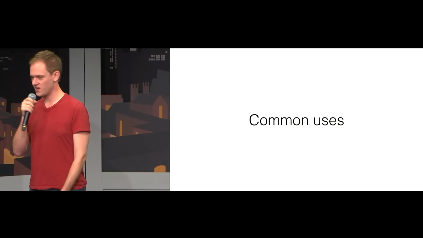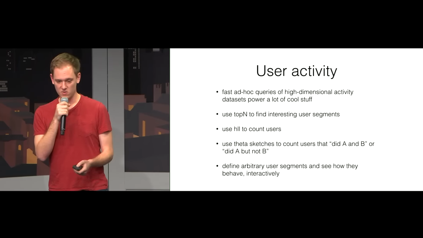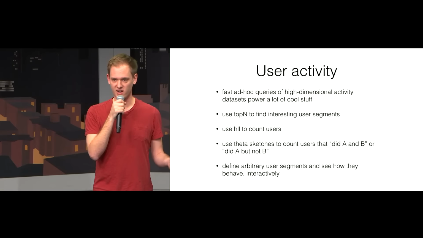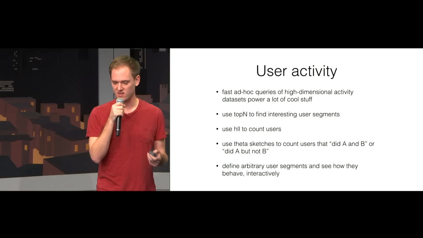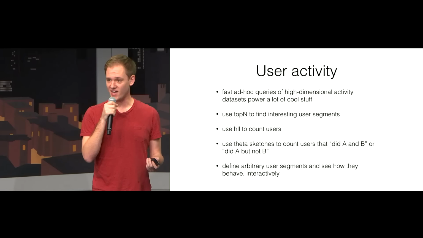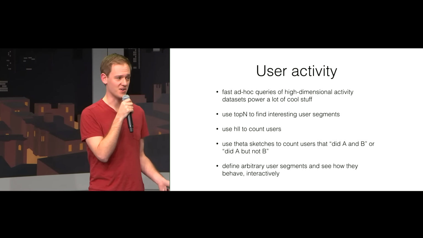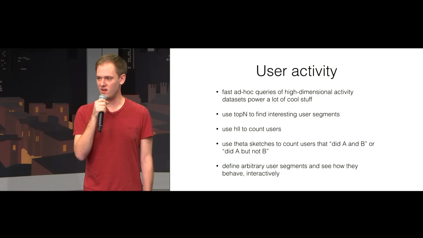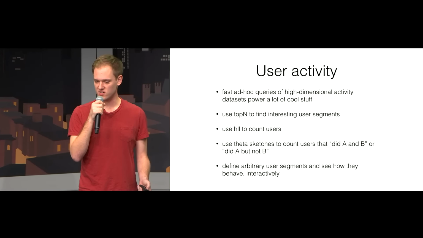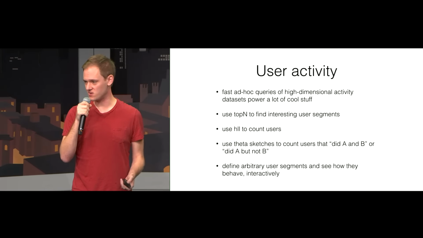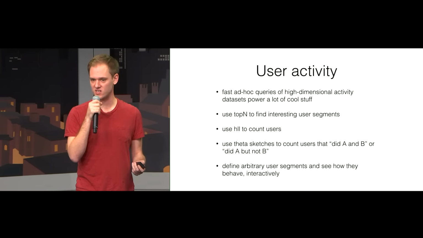So let's talk about some common uses of Druid. One really common one is user activity, or entity activity in general. If you have fast ad hoc queries of a high dimensional activity data set, that can power a lot of cool stuff. One thing that Druid can do is a top-N query, which gives you the heavy hitters by some metric.